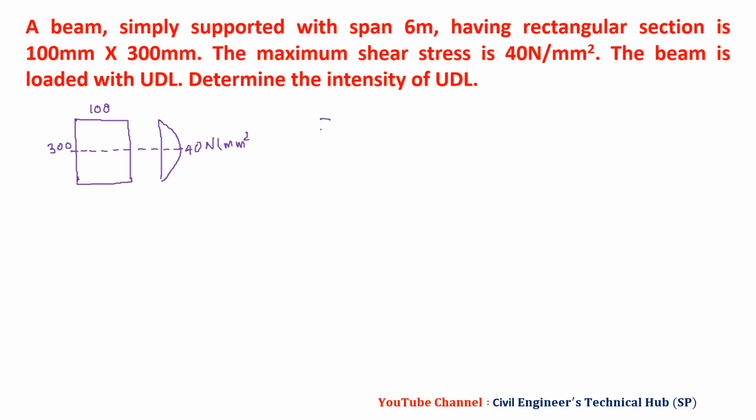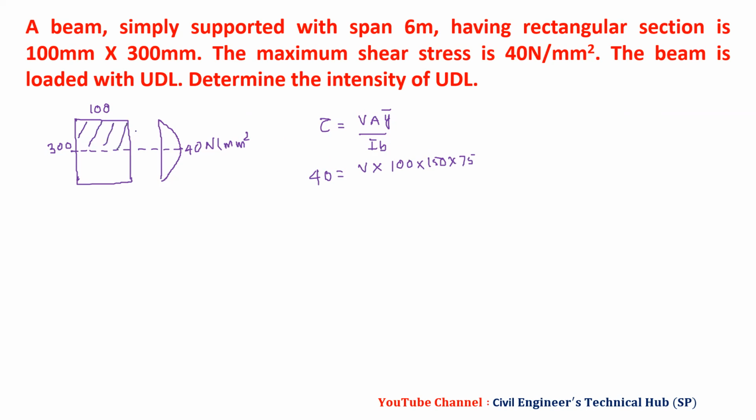So now we have tau is equal to VAY bar upon IB. Now tau is given 40. We have to find AY bar: 100 into 150 into 75. Now we have this area, AY bar.